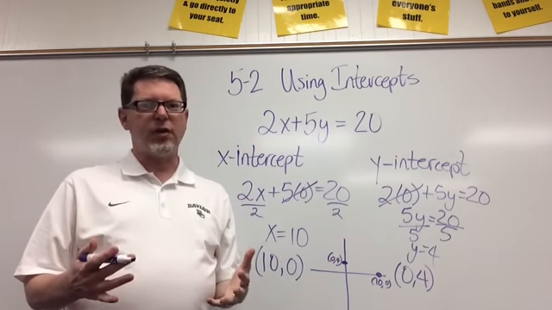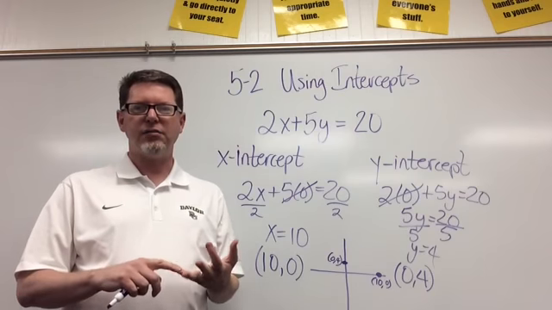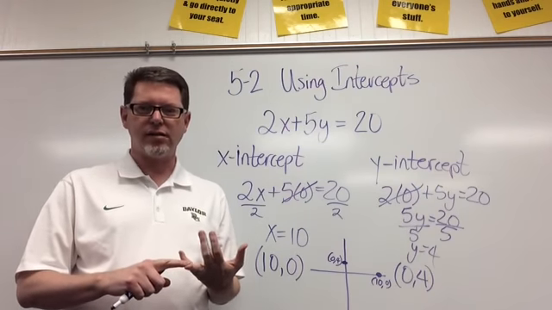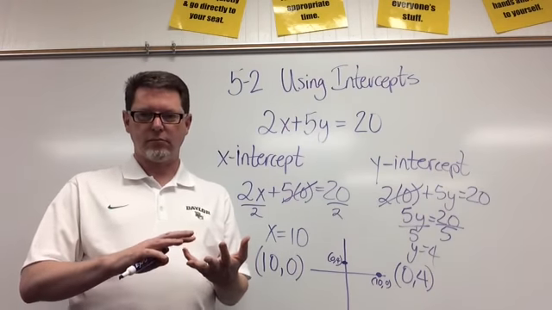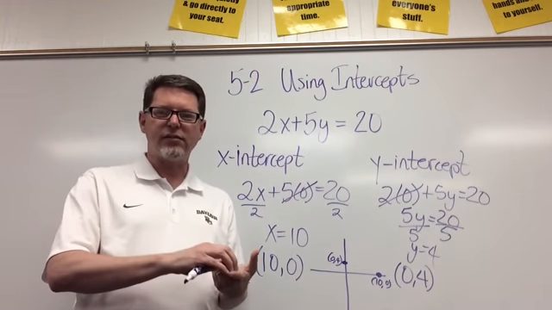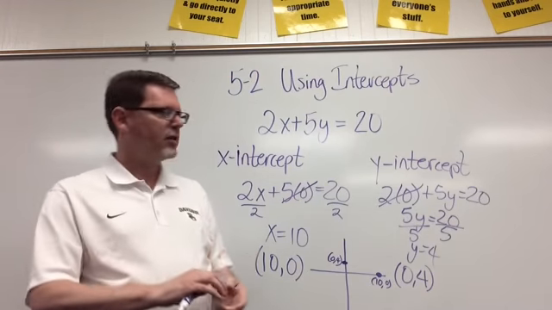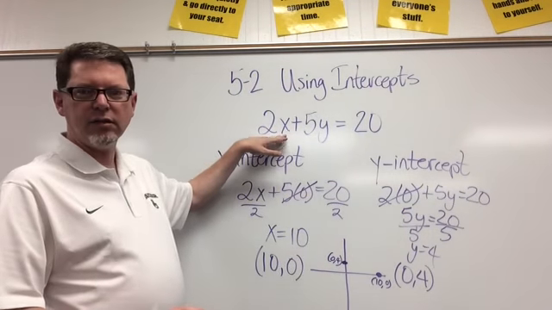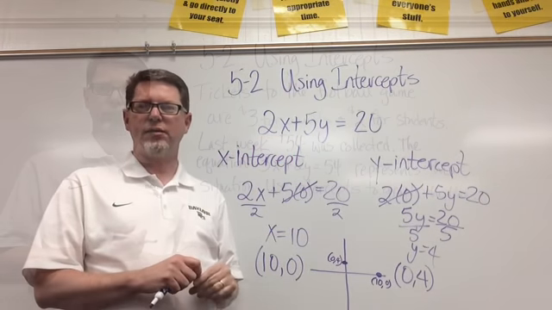Once again, using the properties that I know, that the y value for an x-intercept is 0, and the x value for a y-intercept is 0. Plugging those in my equation to find what I need to find my intercepts.